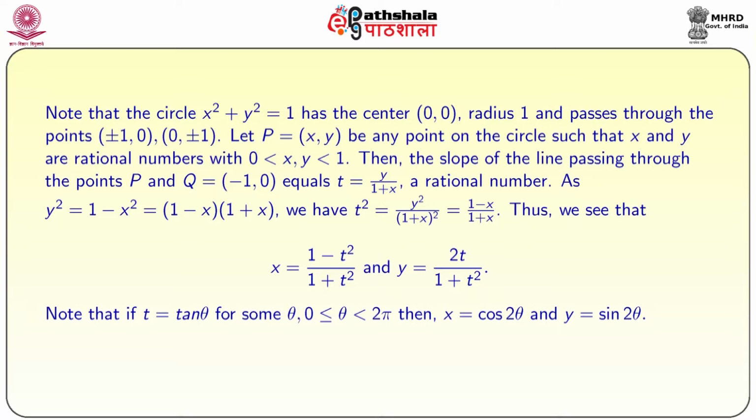Now note that if t is equal to tan theta for some theta where 0 is less than or equal to theta less than 2 pi, then it is easy to see that by substituting t equal to tan theta in x equal to (1 minus t square) by (1 plus t square), y equal to 2t by (1 plus t square), we will get x equal to cos 2 theta and y equal to sin 2 theta.